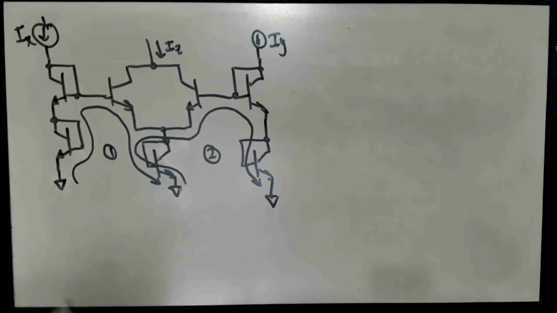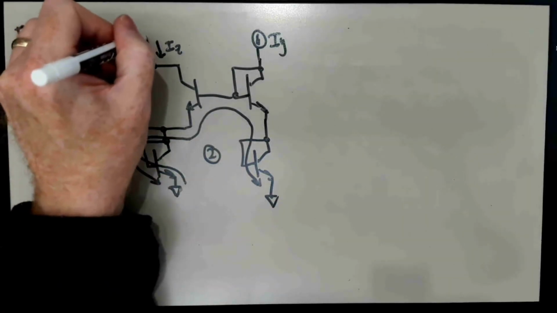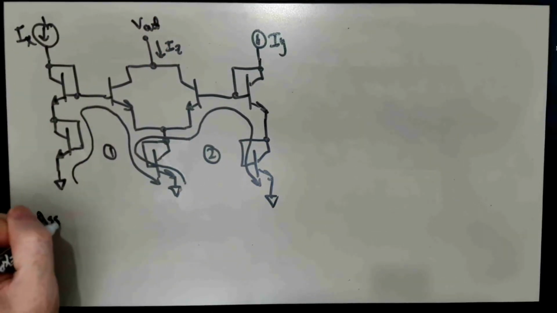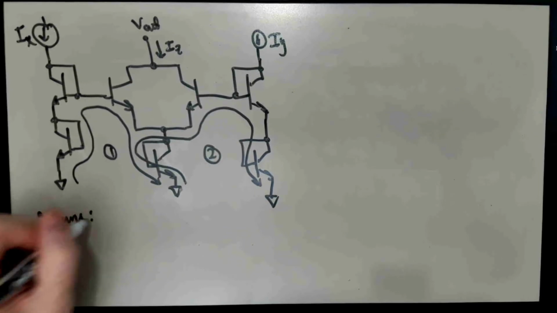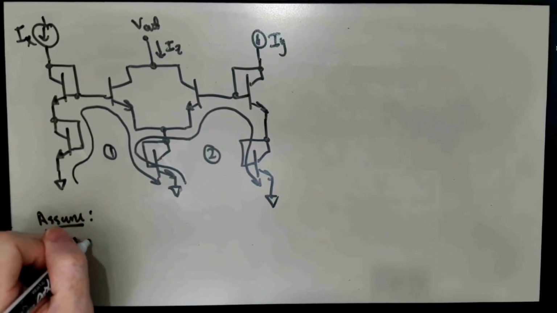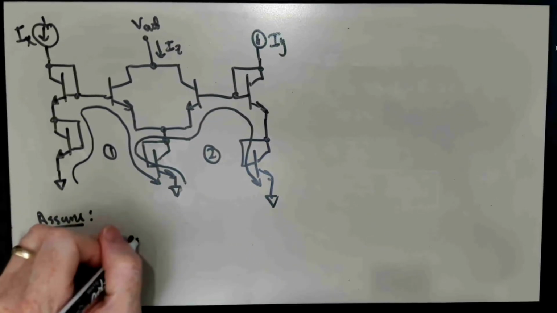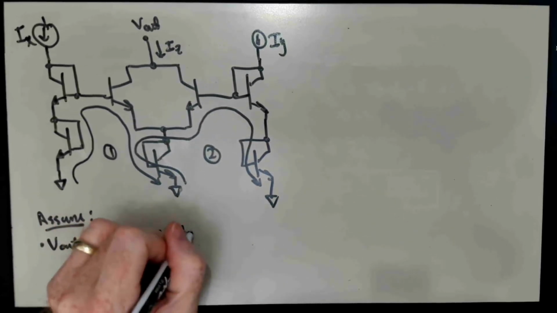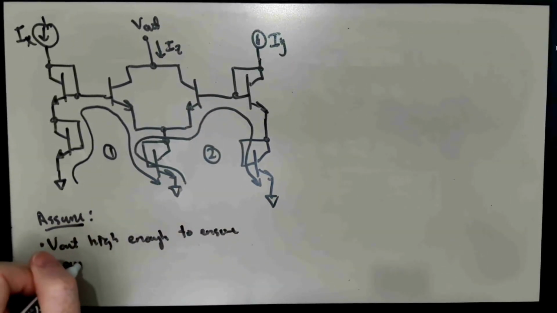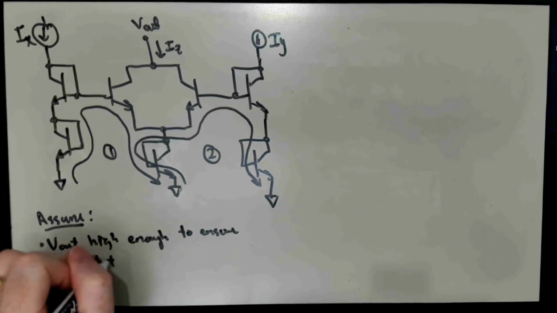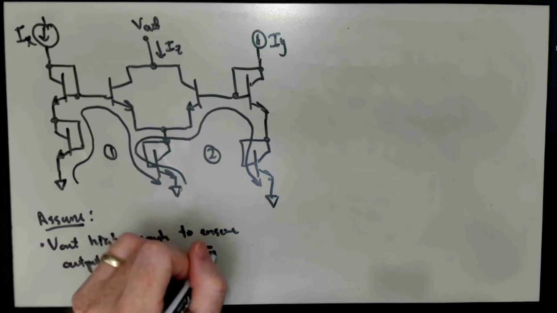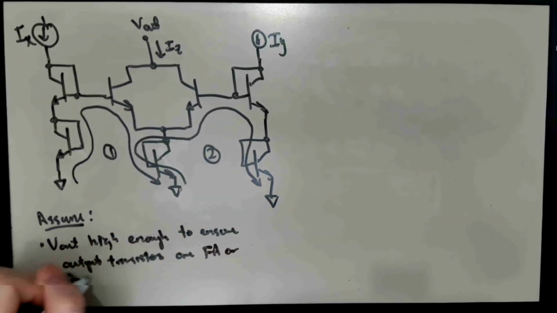We're going to also say that the output, like before, I'm going to assume that V out is high enough to ensure the output transistors are forward active or in soft sat.